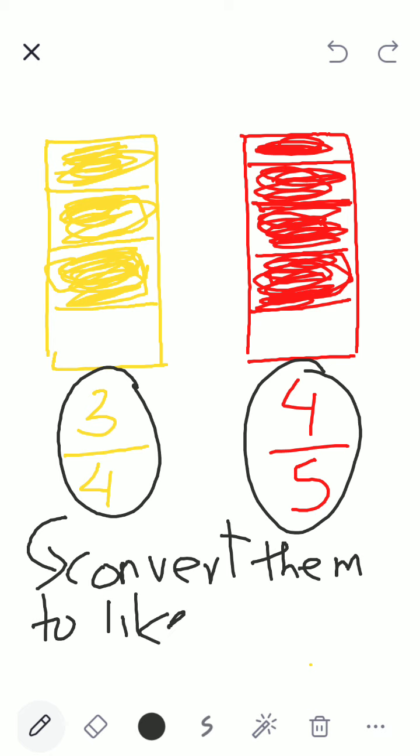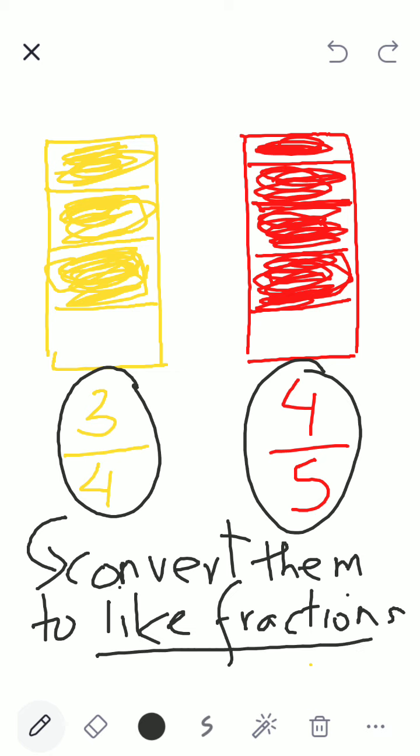Means what? If I have to change them to like fractions, what do I have to do? Exactly. Perfect answer. We have to make the denominator the same. So let's make it the same. How do we make it the same?